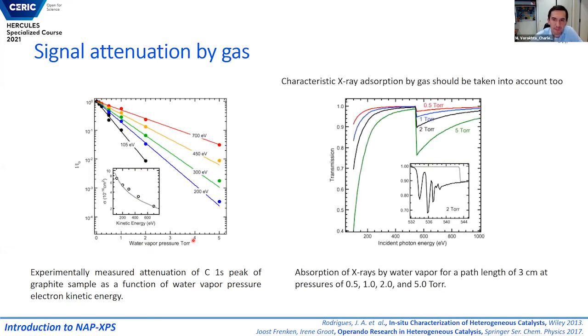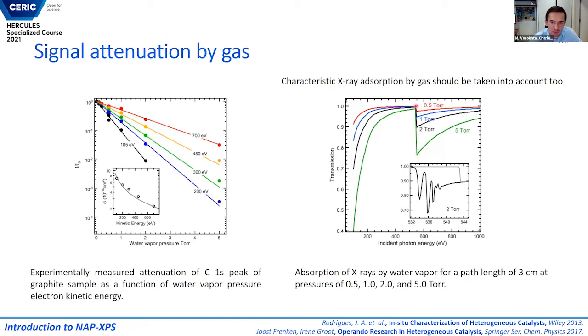Also, what is important to remember is that the X-ray beam is penetrating the gas before reaching the sample. It means that at some energies, for example, if you have oxygen inside, and the energy of the beam is approaching the energy of an electron inside this oxygen molecule, then there could be an absorption line.